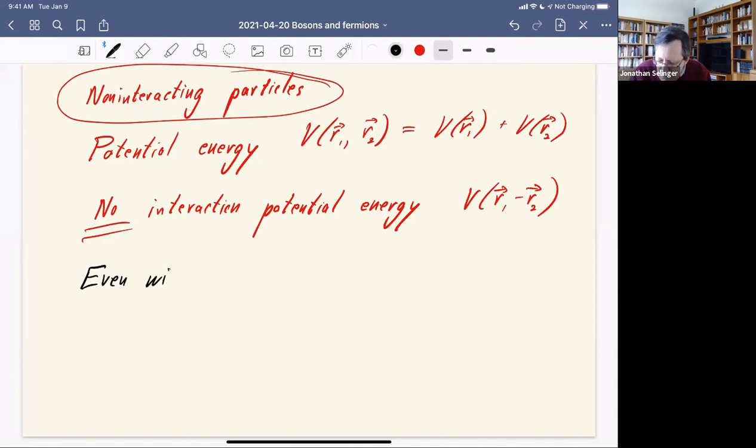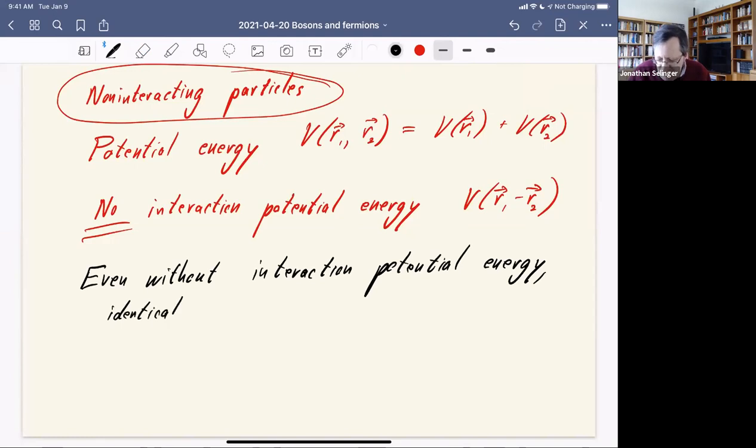Even without the interaction potential energy, identical bosons or fermions still affect each other.